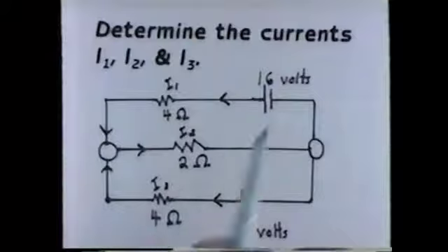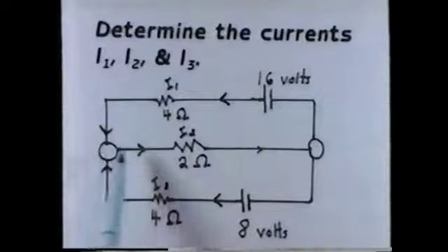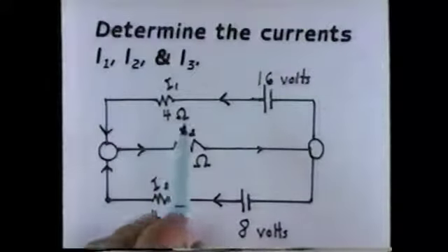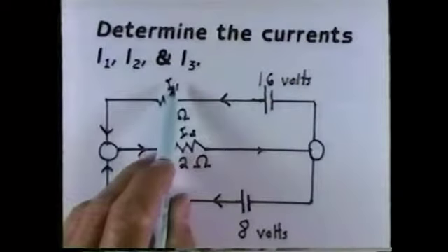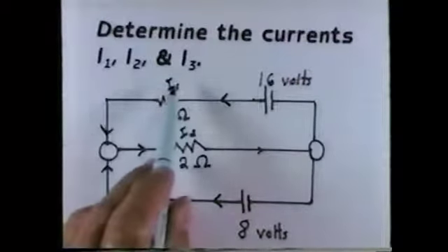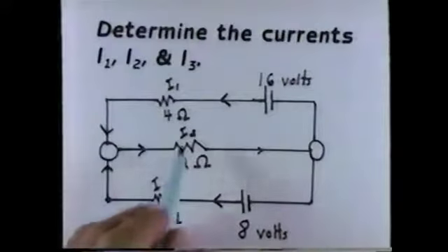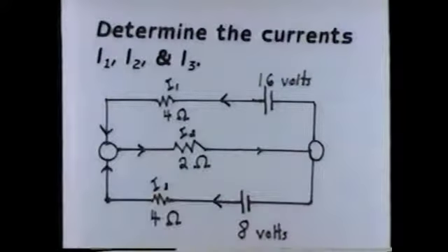Now the second equation we can get by looking at this part of the circuit. We know that the voltage drops across the resistors is equal to the impressed voltage, because the resistors are all we have. Well, the voltage drop is Ri. So we have 4I1, the drop here. So 4I1 plus 2I2 is equal to 16.